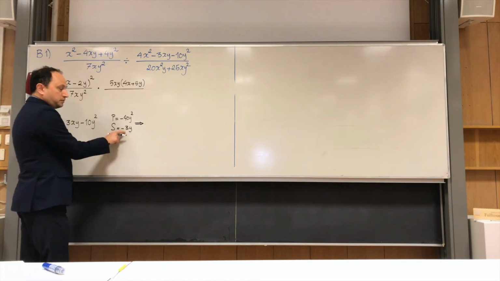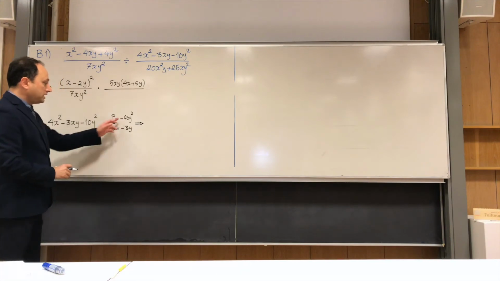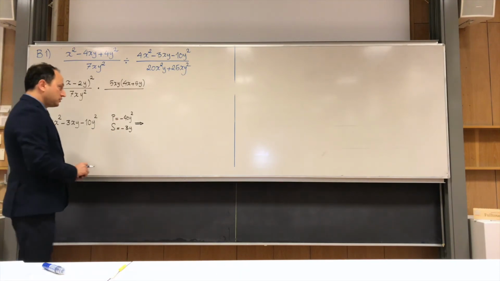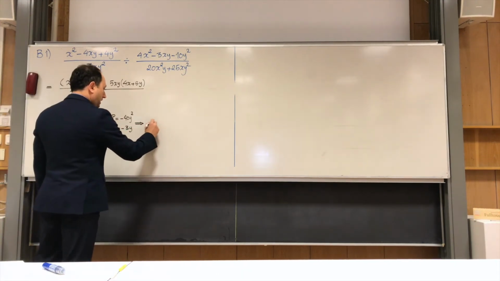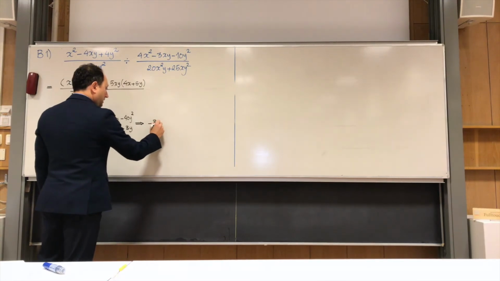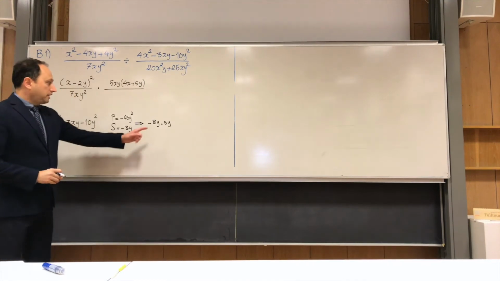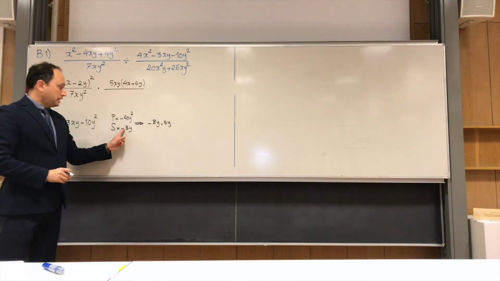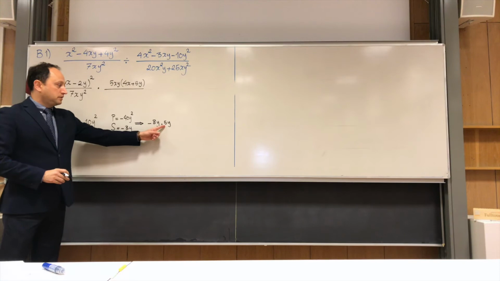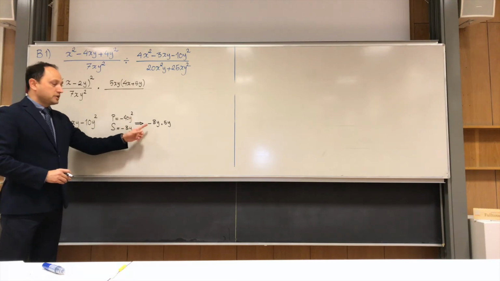You just think about the numbers. The numbers are clearly minus 8 and positive 5. So the expressions are minus 8y and positive 5y. Yes? If I add them, it becomes minus 3y. If I multiply them, it becomes negative 40y squared.